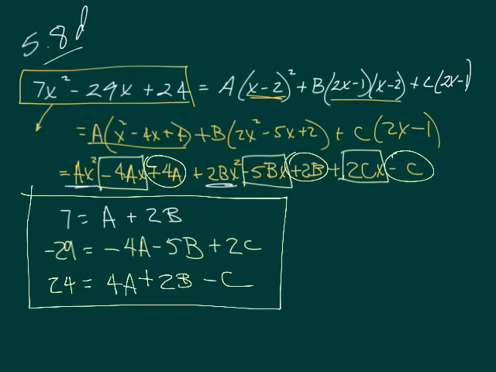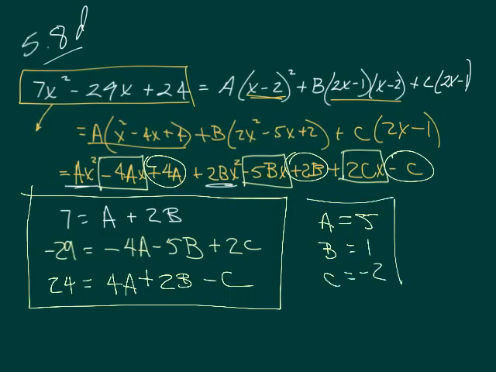I can solve this using systems of equations, and I find that a is 5, b is 1, and c is negative 2.